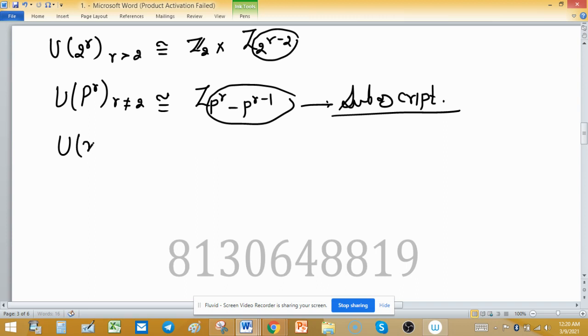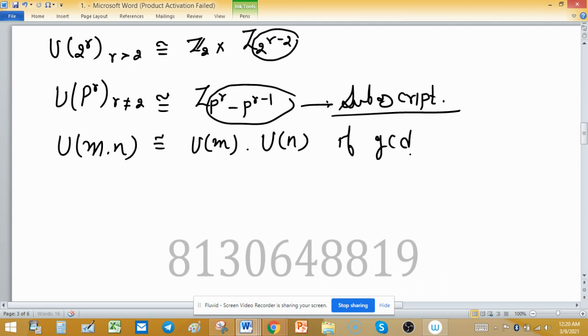We know that U(mn) is isomorphic to U(m) x U(n) if gcd(m, n) is 1; this is the condition, otherwise we cannot write this.